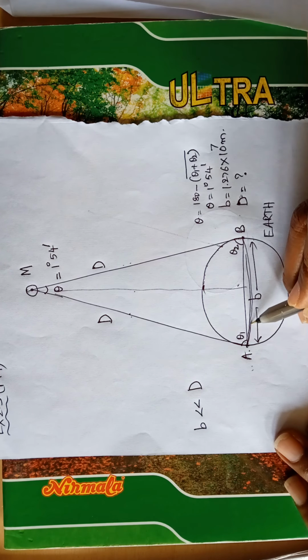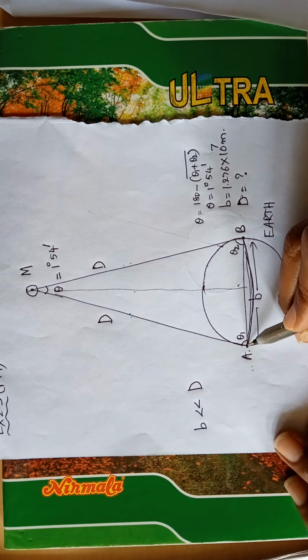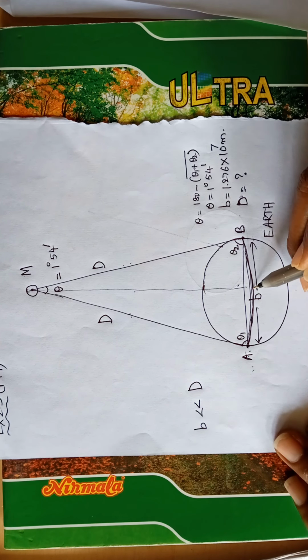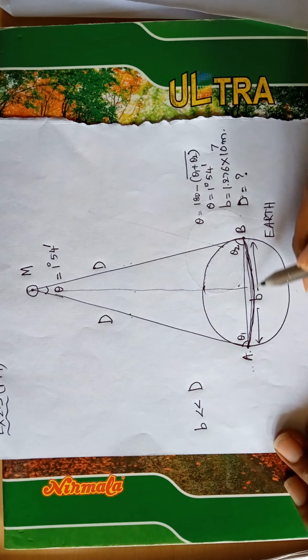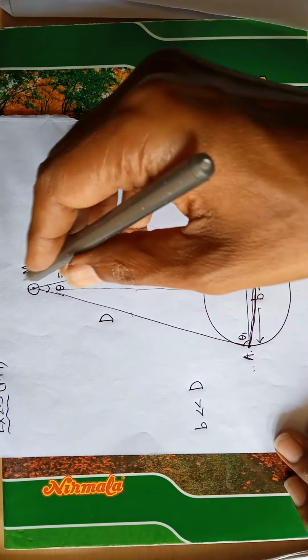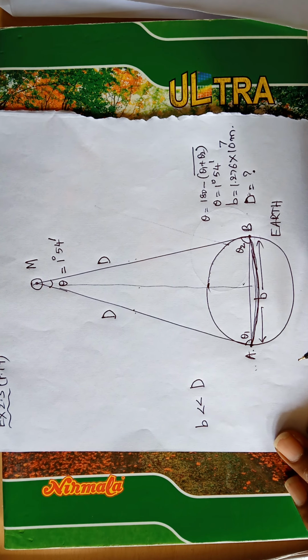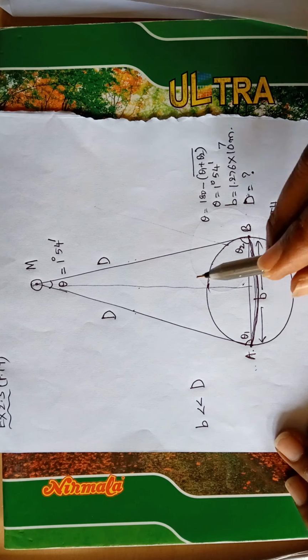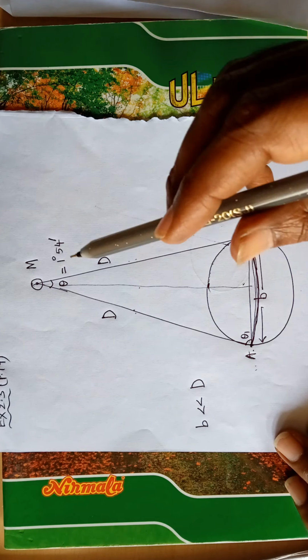What is an arc? An arc is nothing but a part of the circumference of a circle. Yes or no? Yes. Now this becomes a sector. So safely, in this case, a triangle can be approximated as a sector.